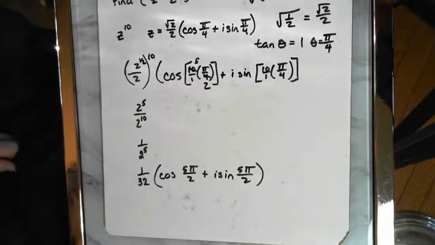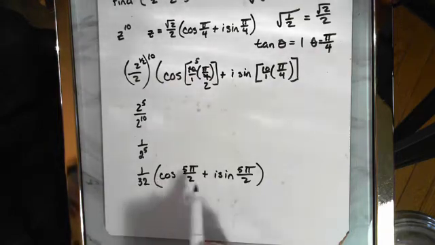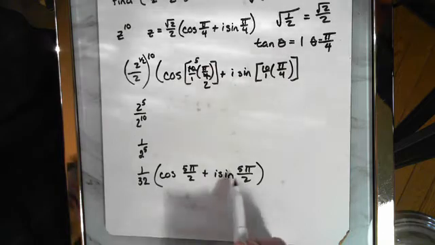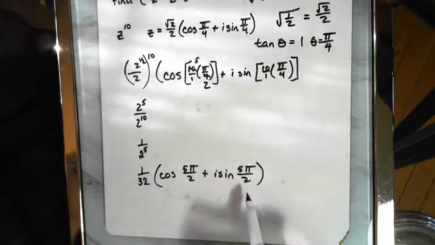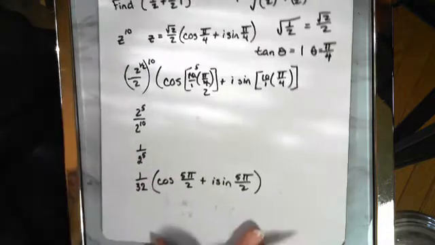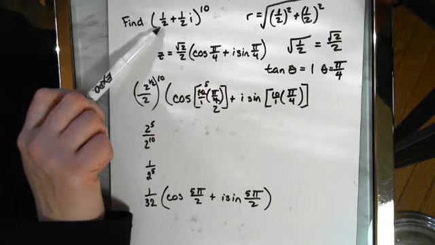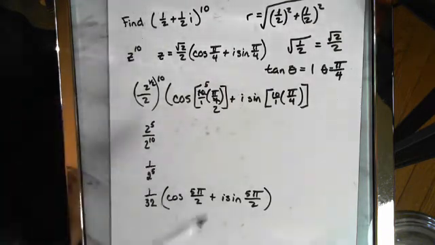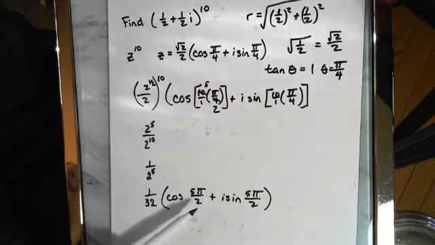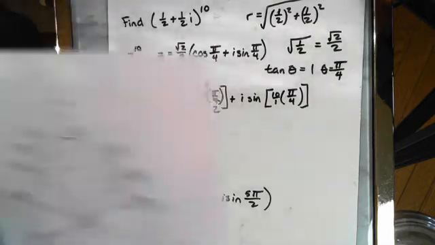Now, if I wanted to, I could turn this back into rectangular form simply by finding the cosine at 5 pi over 2 and the sine at 5 pi over 2. So I'll show you those steps as well, because generally, if we're given something in rectangular form, like this, unless they specifically say write your final answer in polar form, we should change it back to rectangular form at the end.